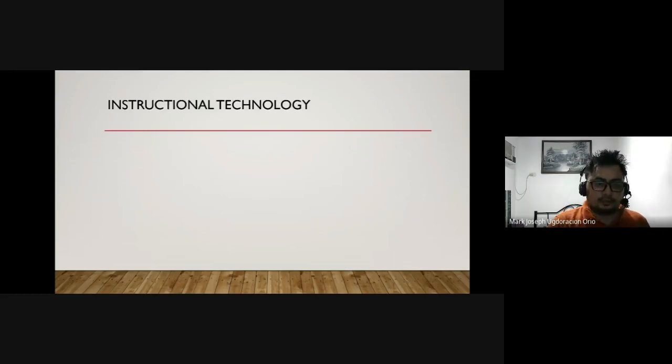Then technology in education, same as technology integration, is the application of technology to any of those processes involved in operating the institution that houses the educational enterprise.